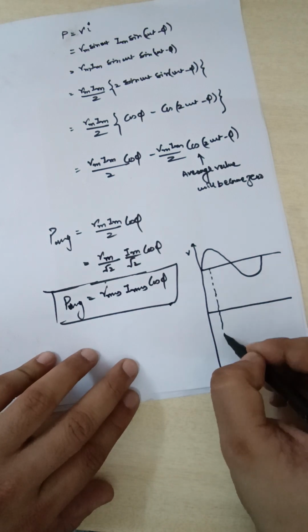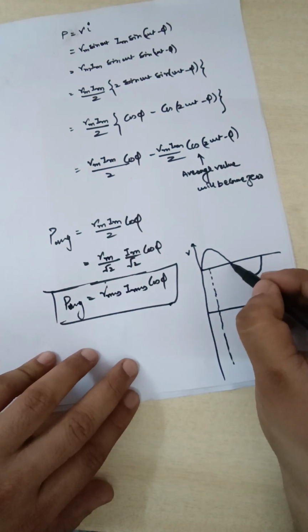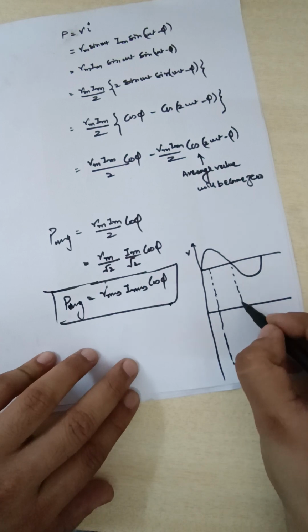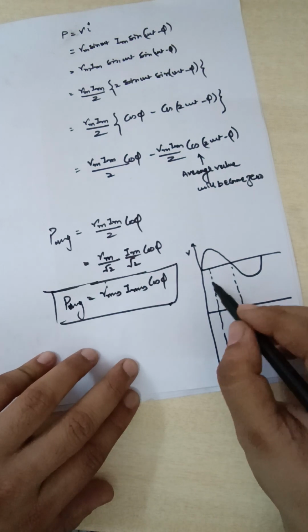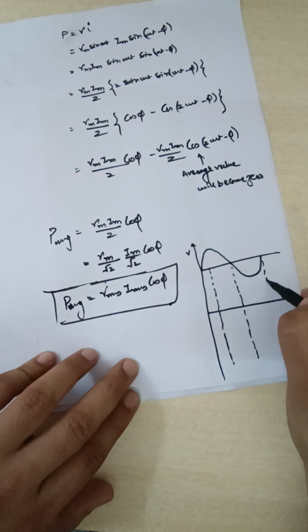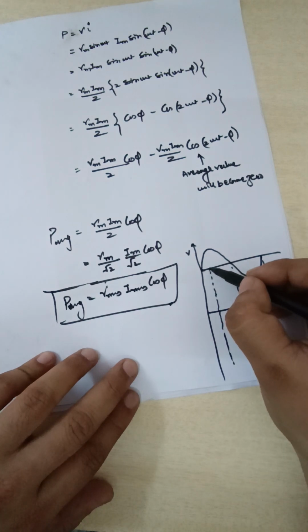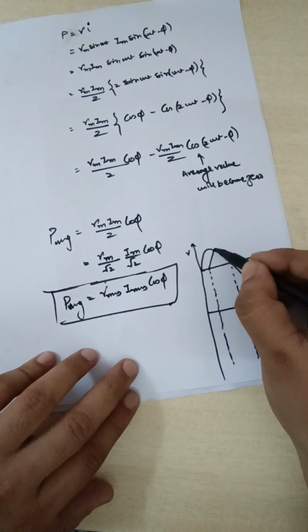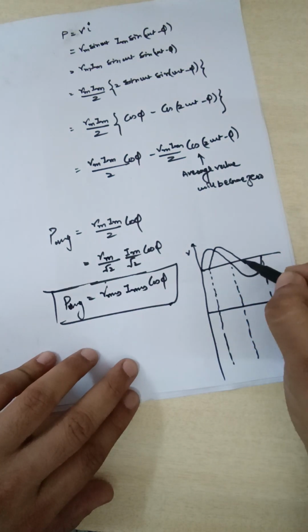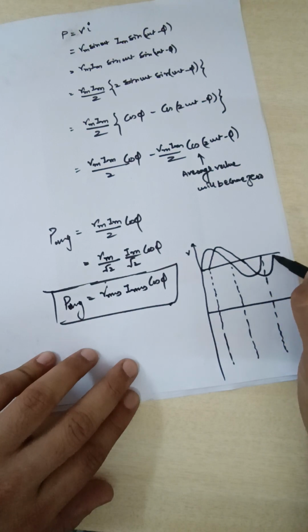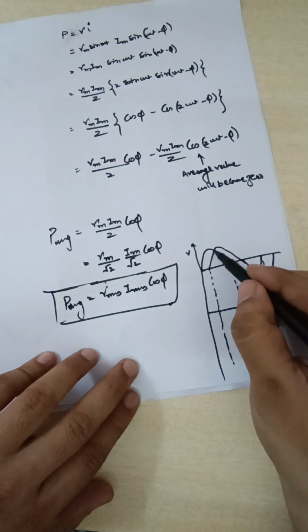Let me take this angle as phi. Basically it means voltage is starting at 0 but current will start at some delay. So this is called the lagging of angle phi. Suppose this angle is phi, so current will start from here. So from here it will go in this pattern, right?